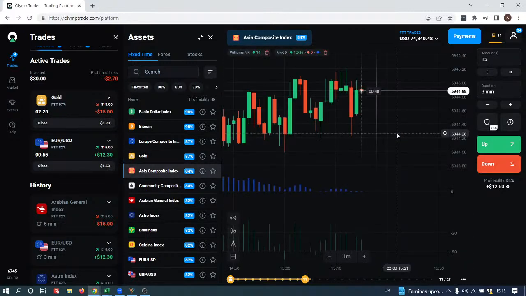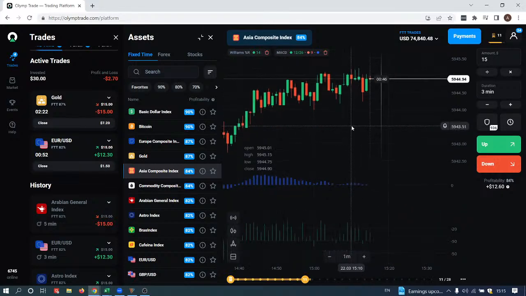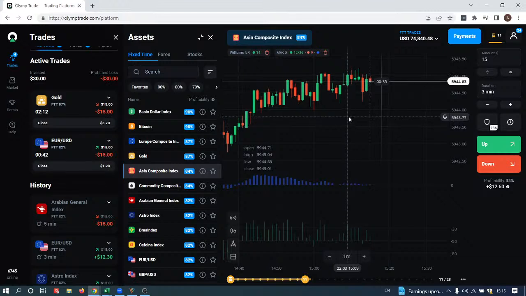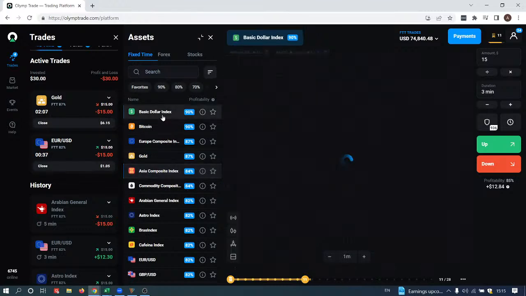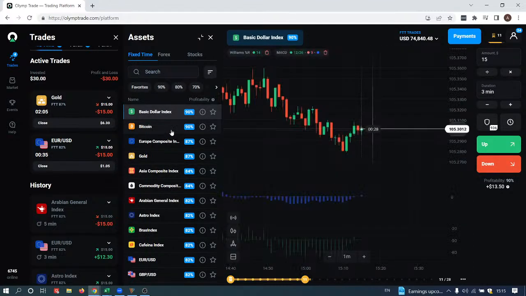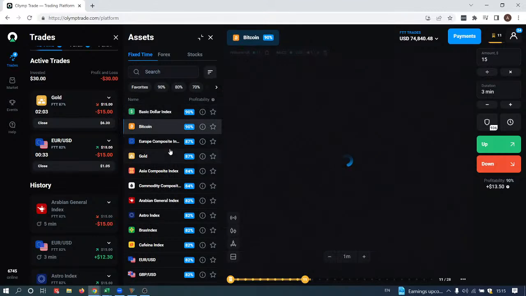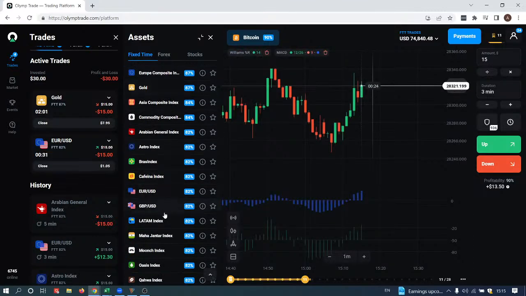Imagine you open 100 trades, and in profitable ones you make $9, and in losing ones your loss is $10. So you need to calculate. It's easy to calculate where the break-even point is. If you trade with a fixed amount of money, that's very easy to calculate.